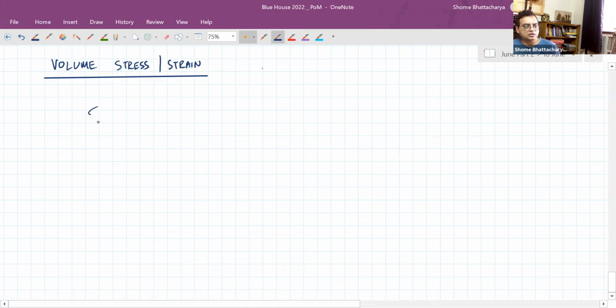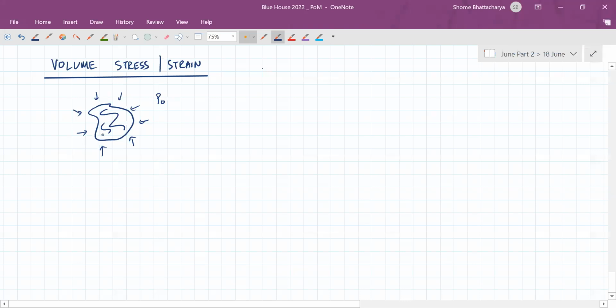So basically, any body under normal atmospheric pressure condition. Of course, remember pressure is not a vector quantity. These arrows are just showing the forces on its surface.